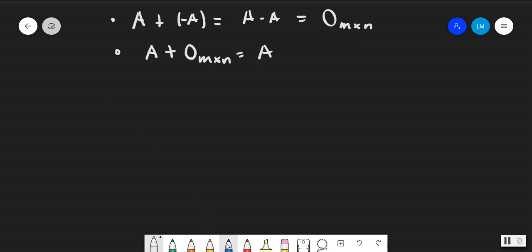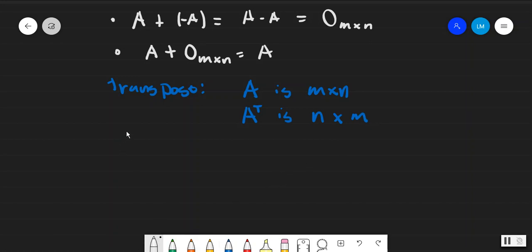Now, the other thing that we can do is transpose a matrix. Whenever we talk about the transpose of a matrix, basically if you have a matrix A that is m by n, then its transpose is n by m.